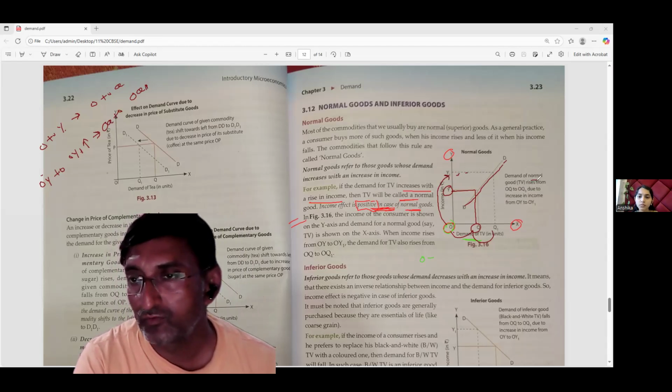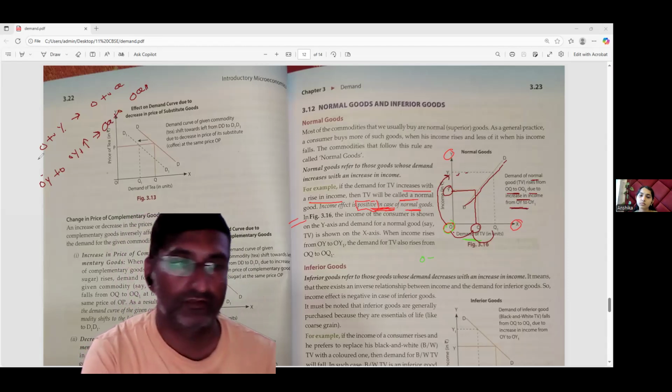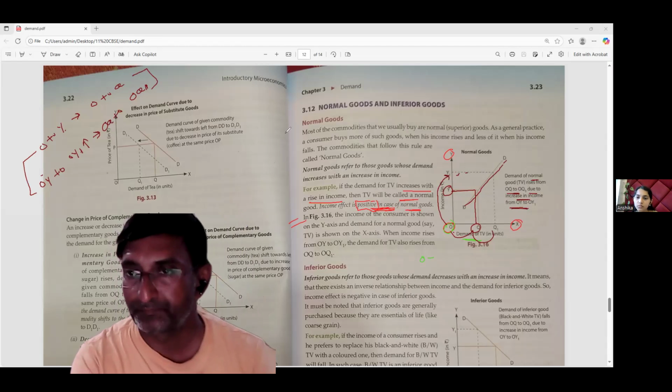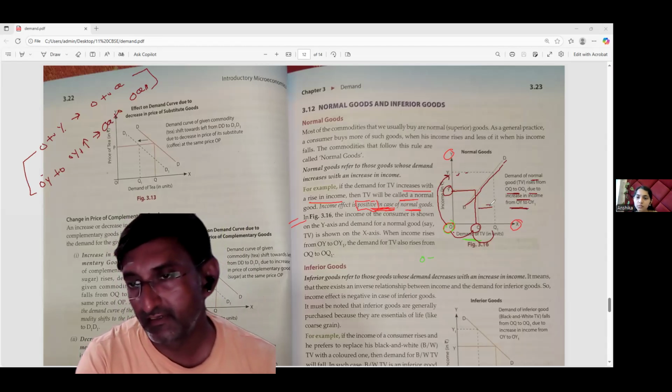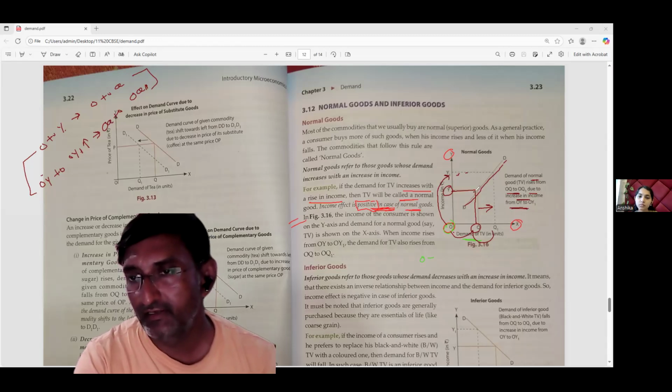Demand for normal goods rises from OQ to OQ1 due to the increase in income from OY to OY1. I have already explained this: when income is increasing, demand is increasing.